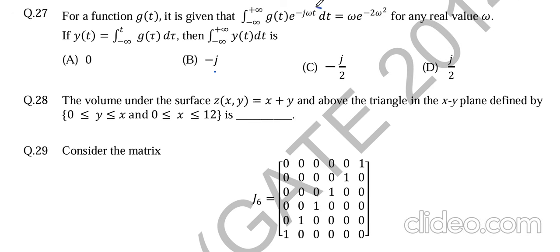So if we observe these equations, we can simply find out this is nothing but the formula of the Fourier transform.